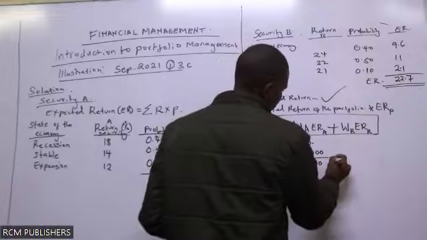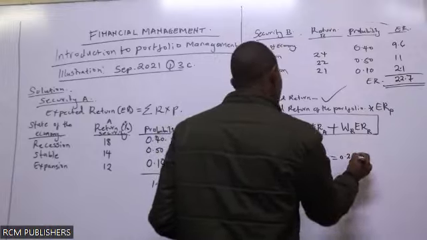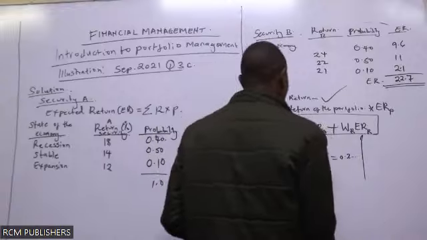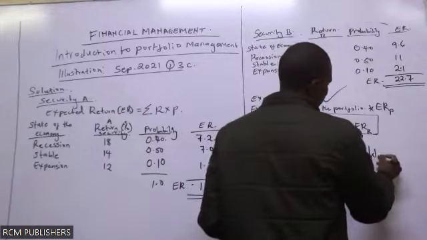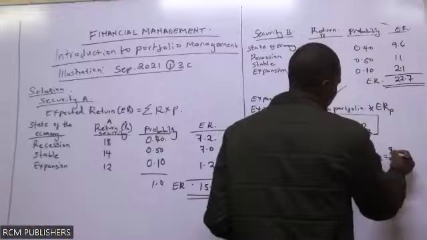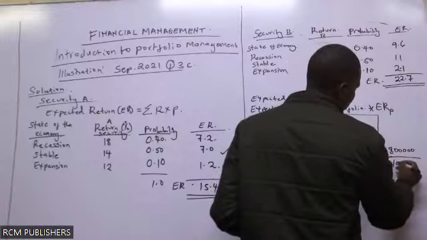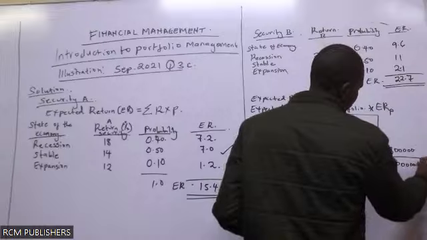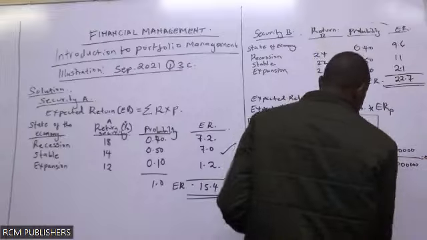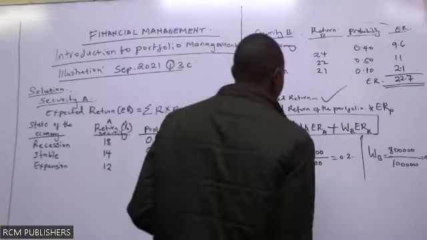That will be 0.2. Then on the other hand, weight of B will be equal to 800,000 divided by 1 million. That will be 0.8.